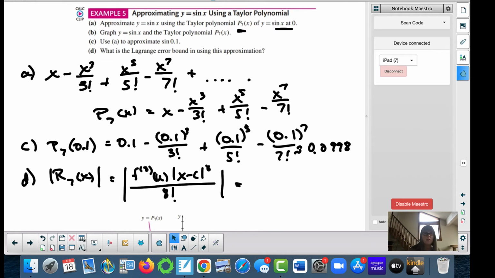Well, the 8th derivative of sine is just going back to sine again. So sine of u, and our x minus c, so x was 0.1, c was 0, is 0.1.